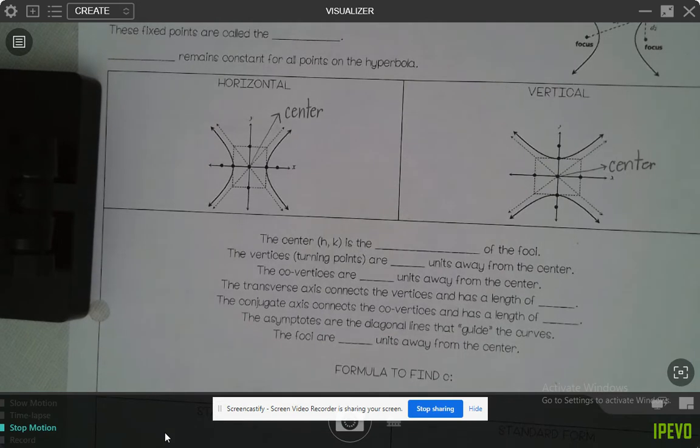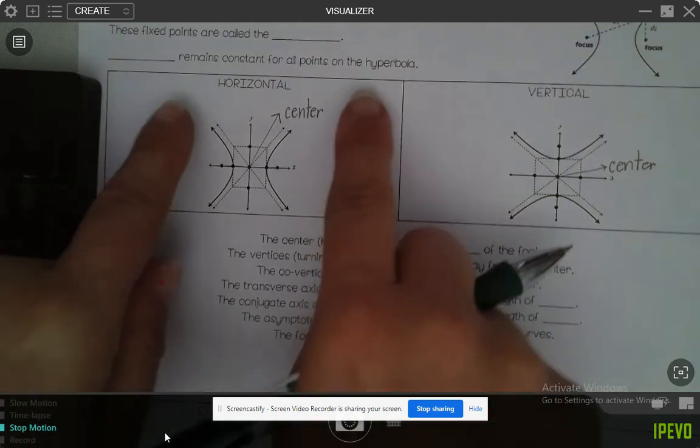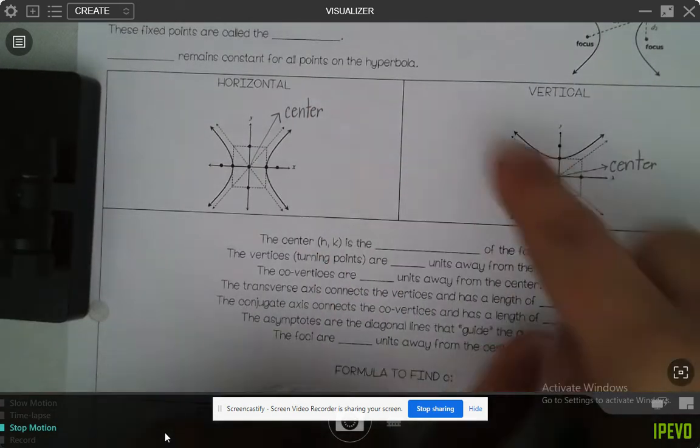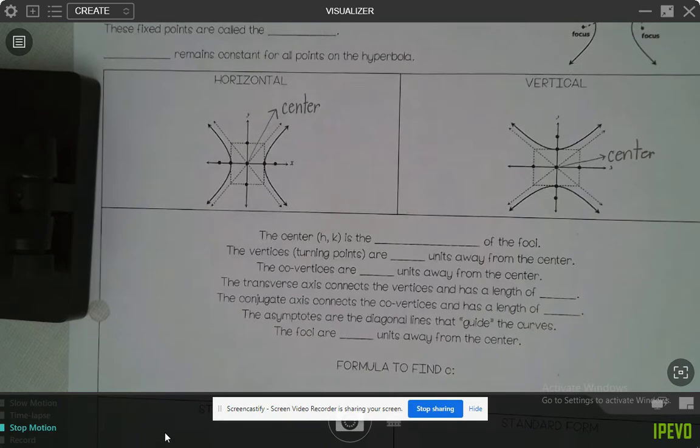Wait a second, what's the difference there? This one opens horizontally. This one opens vertically. Yeah, but the center is the center. It's always the center. On a circle and an ellipse, the center is always the center. It's always going to be in the middle. That's what it means to be in the center. What's the difference between that and that? What was the difference between a circle and an ellipse?